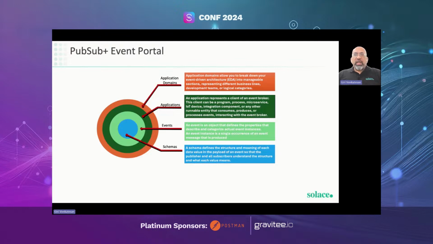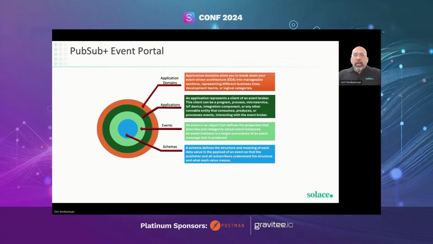An application domain can have one or more applications, which are simply runnable entities like a program, process, microservice, IoT device, integration component, and so on, that produce, consume, or process events by interacting with an event broker.